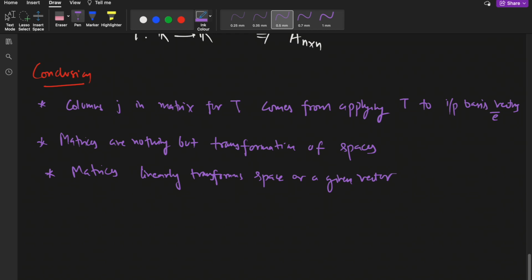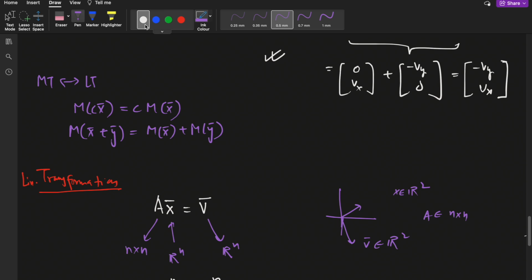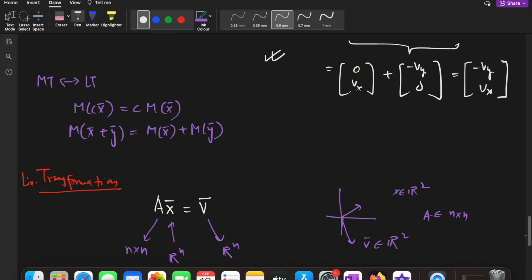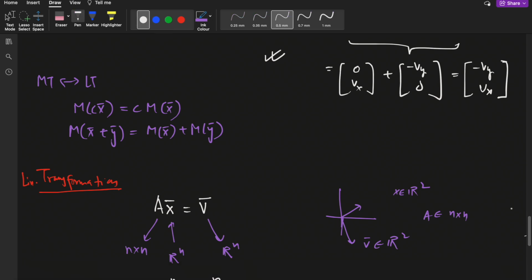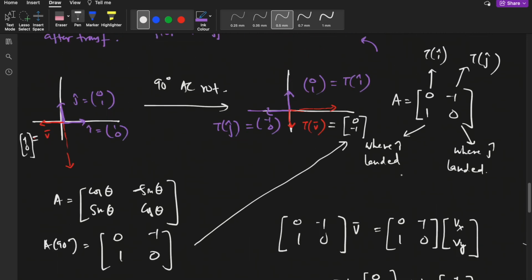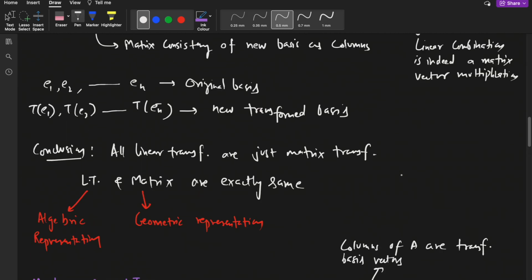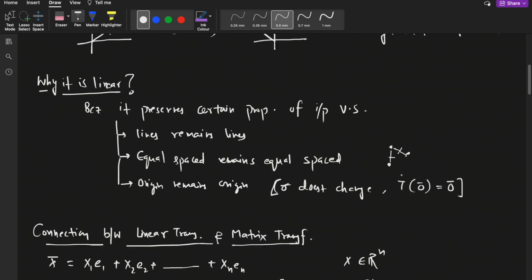So I think that's all for today. Let me see if anything is remaining. Linear transformation, visual meaning. Yeah, I think that's all.